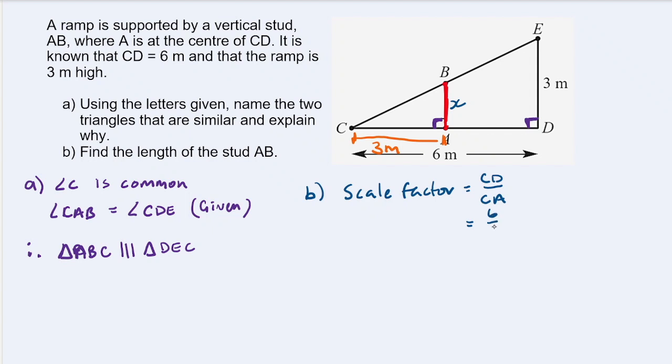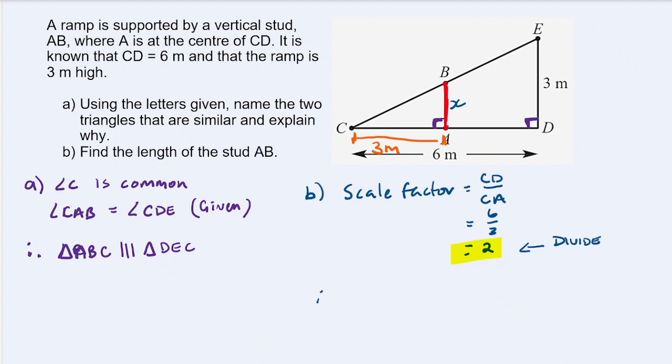It's going to be 6 over 3, which equals 2. Now to go backwards, we're going to divide this time. So there's our scale factor, and we're going to divide by this because we're going from big to little.